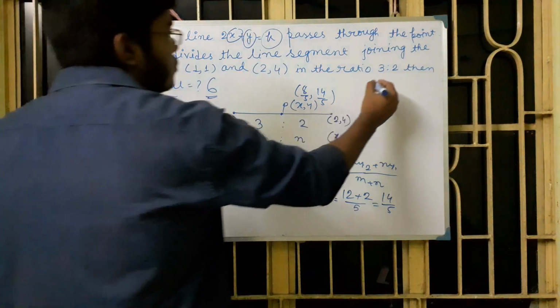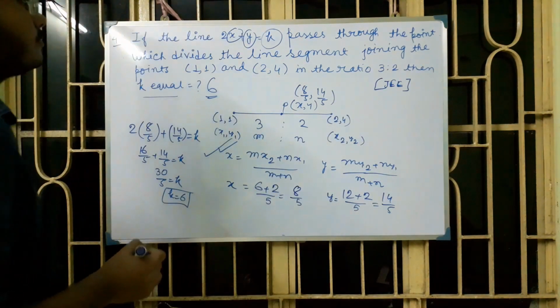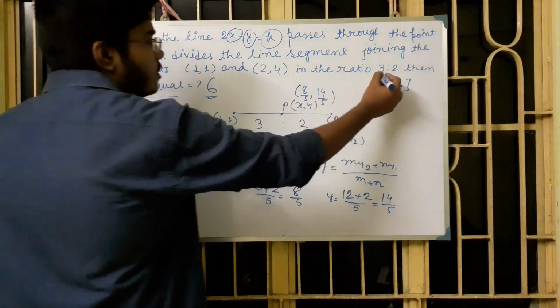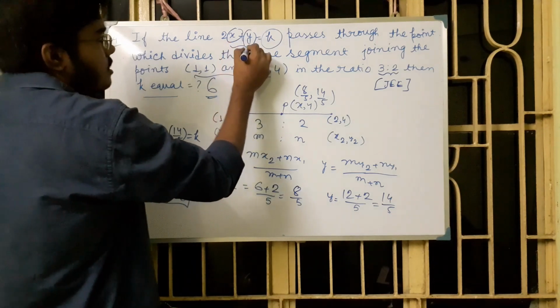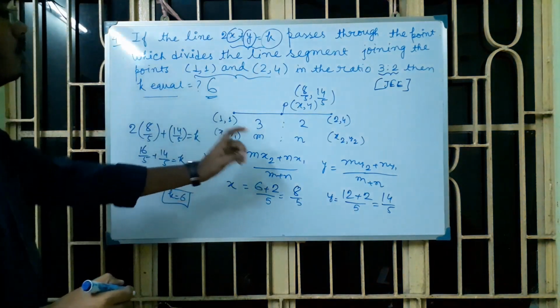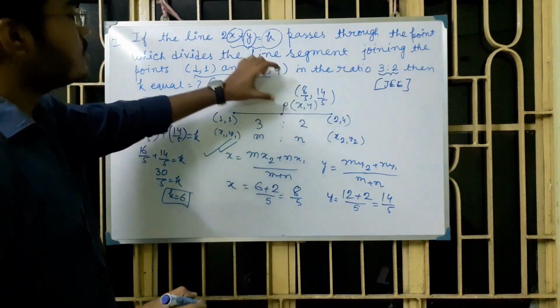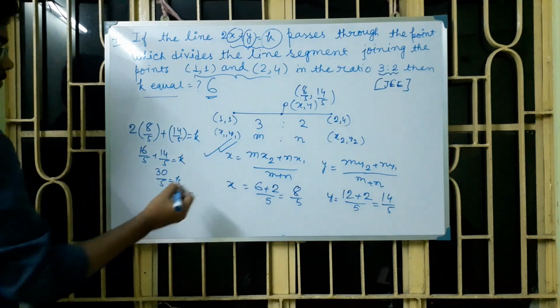This is also a question of JEE, but I can't remember the year. The ratio 3:2 is given, 2 points are given, the equation of the straight line is also given. You have to just find out the value of x and y and just replace the values in place of x, y and find the value of k.